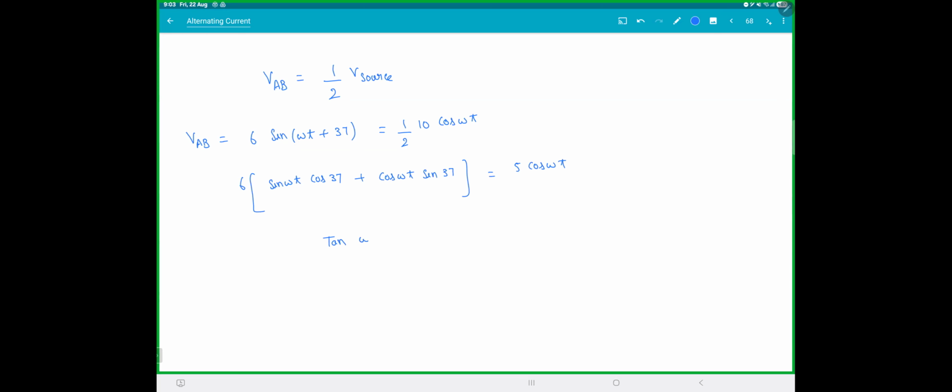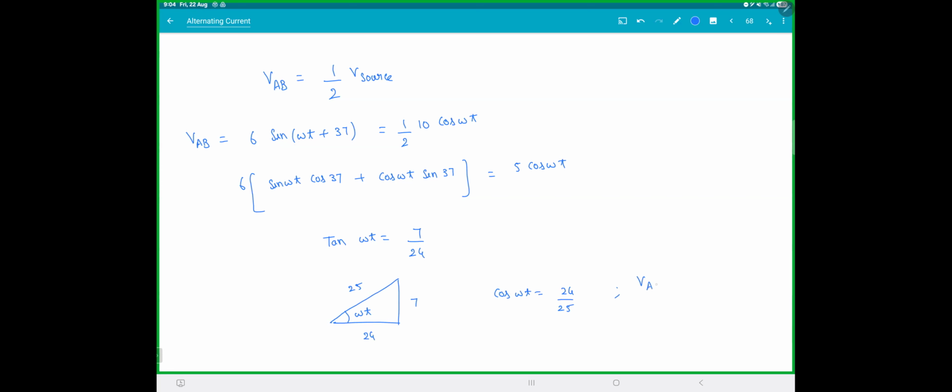I think I remember this. tan omega t will get 7 by 24. This is 7, this is 24, and this is 25. cos omega t will be 24 by 25. Take that and substitute that.